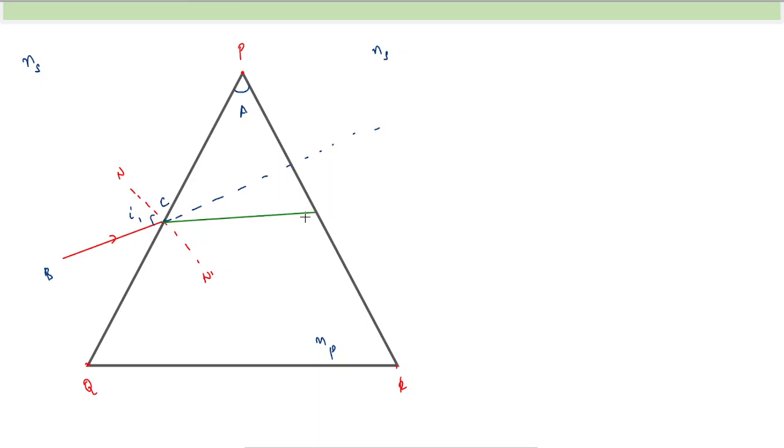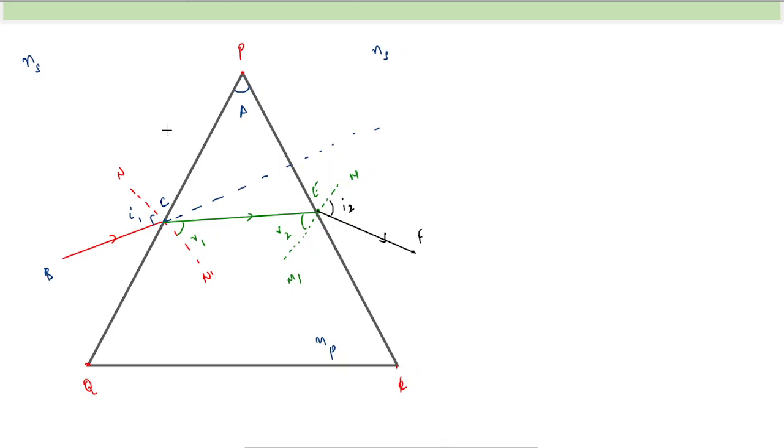I'm drawing a light ray which is refracted and moves parallel to the base of the prism. The angle made here is called R1, and then here if you draw the normal, call it M dash, and this point E, the angle made here is called R2, and the light ray emerges out finally. Let's call this ray EF, with some point F here. This angle was I2.